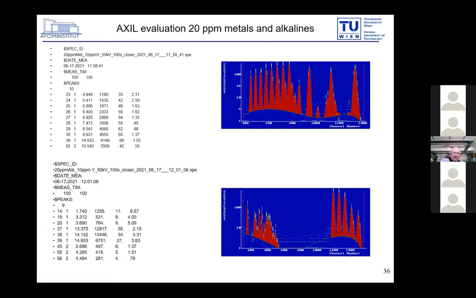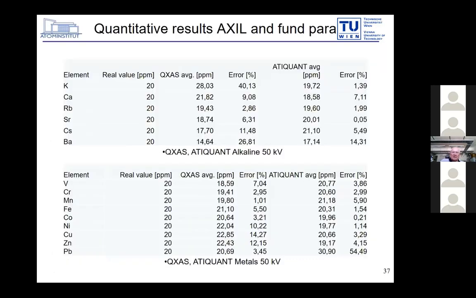Else, we have here the next as a result for given values using the axial with its own software, depending on the calibration due to the chemistry.